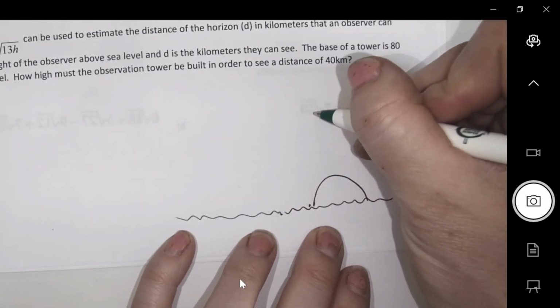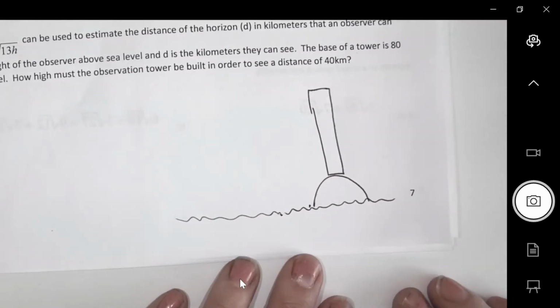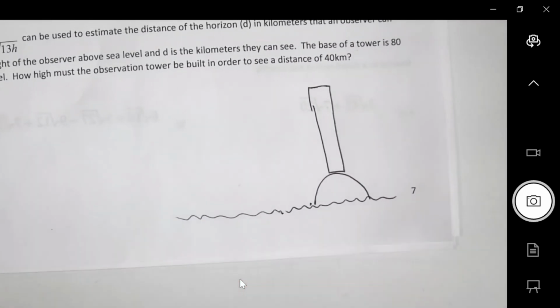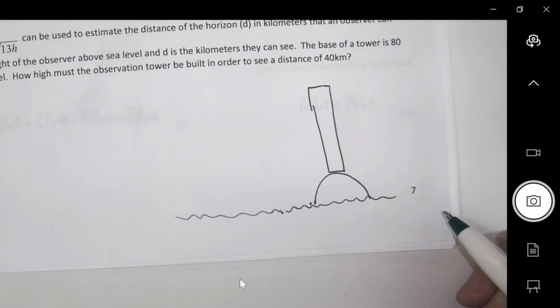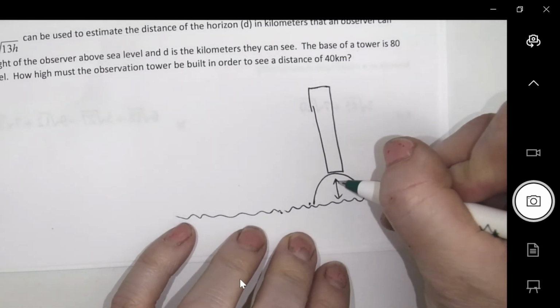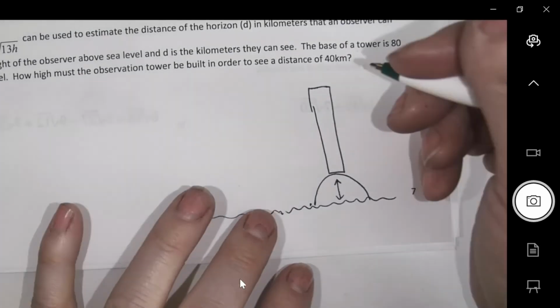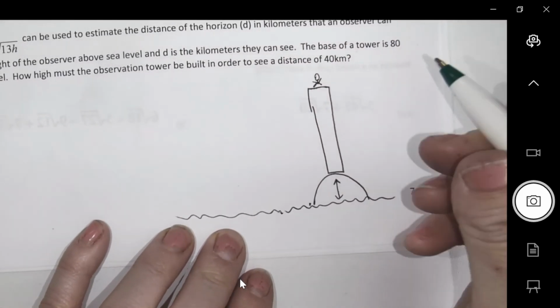So let's say the tower is on a hill. The tower is on a hill. Because they're already 80 meters above the sea level. Then you are on top of the tower.